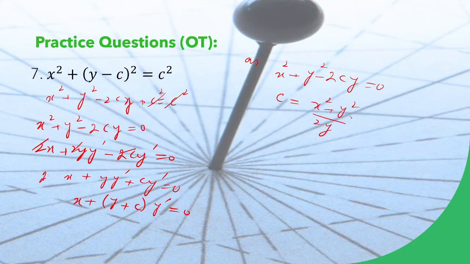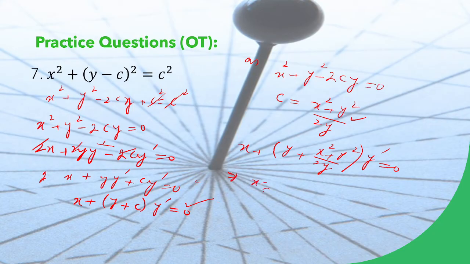Now putting this value in this equation, we get x plus (y minus (x square plus y square divided by 2y)) into y dash is equal to 0. Now it could be simplified further.